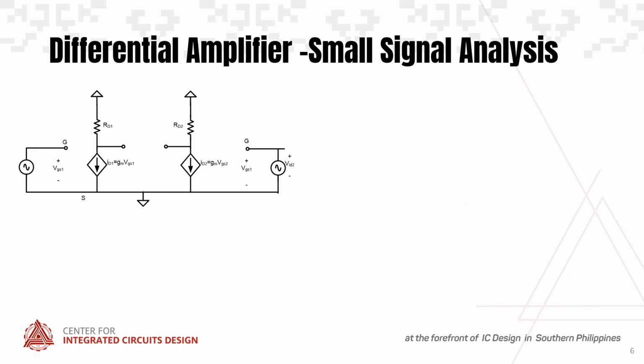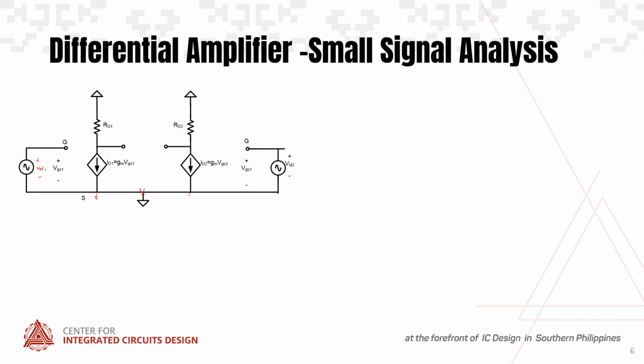So with the previous proof that this Vx here can be assumed as a virtual ground, then we can analyze these two circuits separately because this will be ground, and this is ground also.